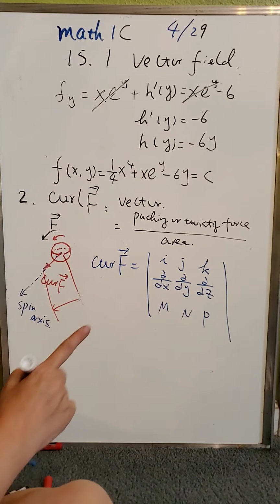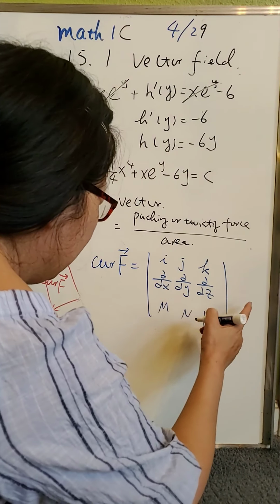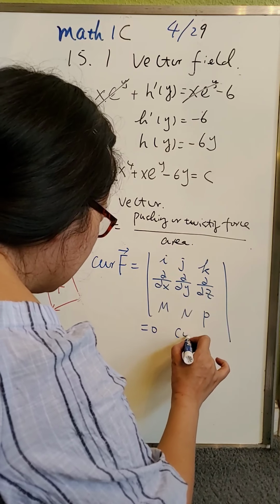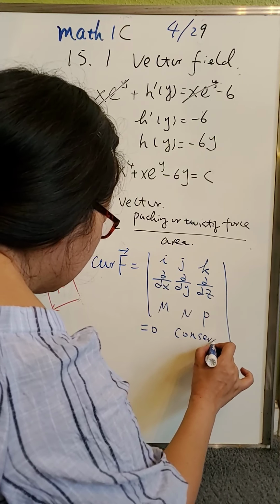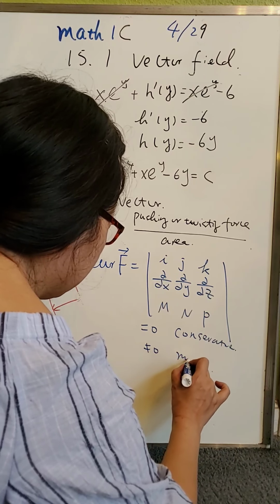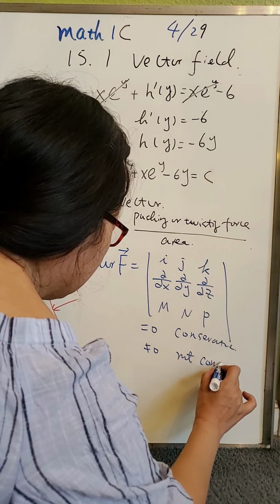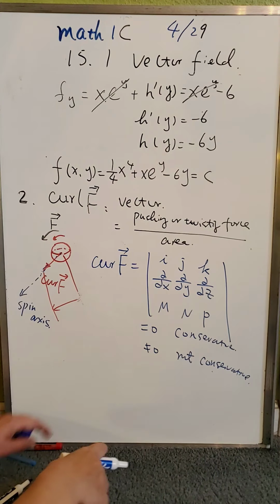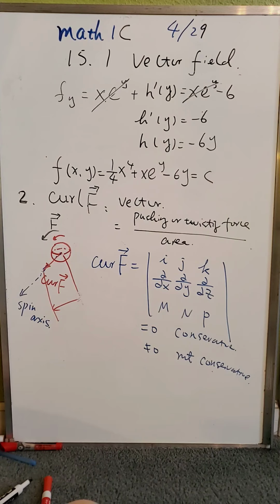So that's the formula. If it's equal to 0, it's conservative. If it's not equal to 0, then it's not conservative. You want conservative because that's easy to deal with. Not conservative means that every spot in the river can be dangerous.